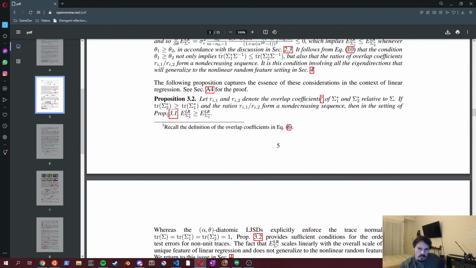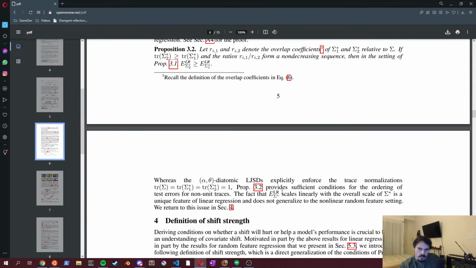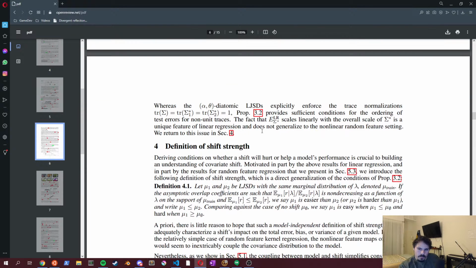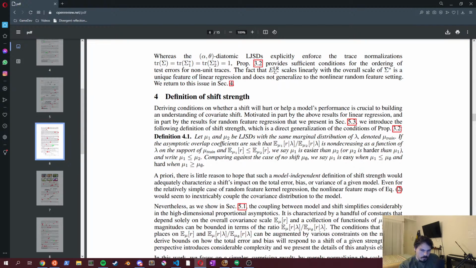No, so they do literally mean these traces. Okay, yeah, I guess they're just saying in linear regression, right, high variance leads to high error. That's actually pretty obvious.